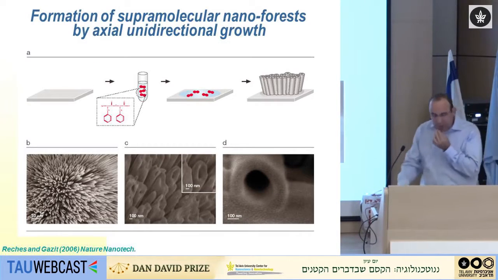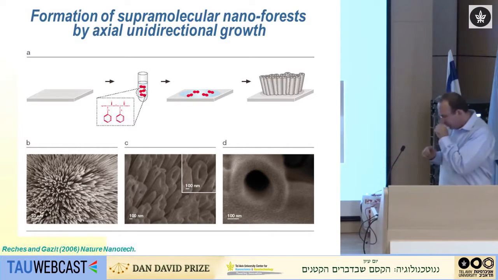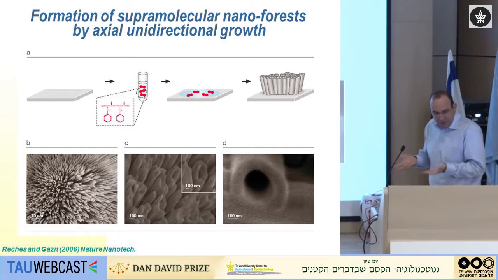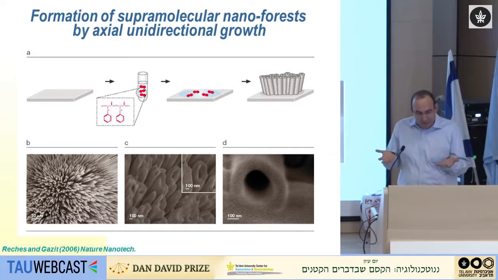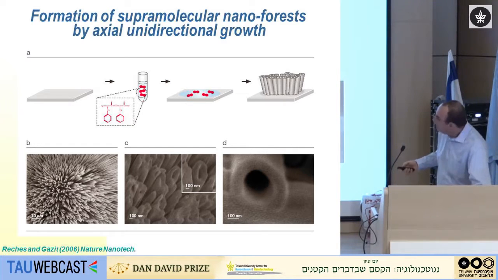So one thing is to make all kinds of different nanostructures. Another thing, and it was referred to also in the talk of Chad Mirkin, is to control the formation. And here the simplicity and the minimalism of the building blocks were very helpful for us. So we developed methods including unidirectional growth to make these nanoforests.